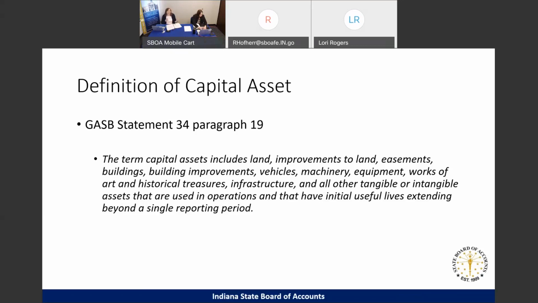And that's what capital assets do, is they take that cost and they defer it over the period of time that those assets are actually being used, so it better matches the expense over that period of time.